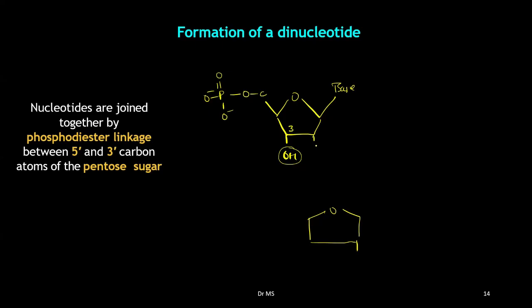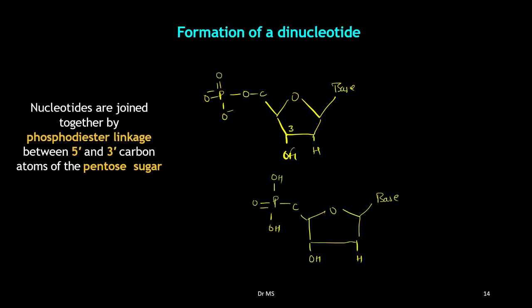Let's say it's a DNA, so I'll put hydrogen here. There's OH and there's a carbon which has the phosphate group. The phosphate group has OH groups. And there's a base. Now see this one. The phosphate group has an OH group on the fifth carbon, and on the third carbon there is an OH group. Again, the same thing happens here.